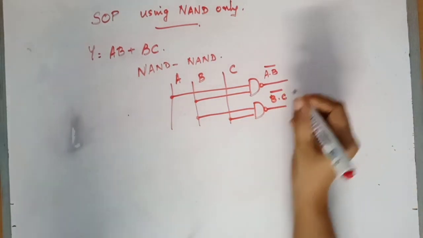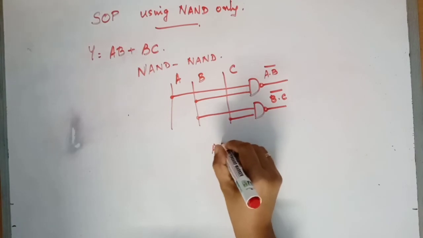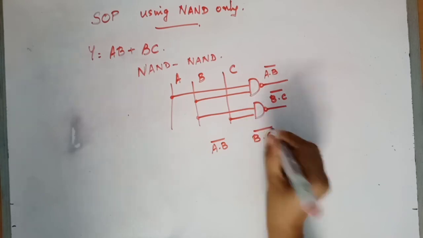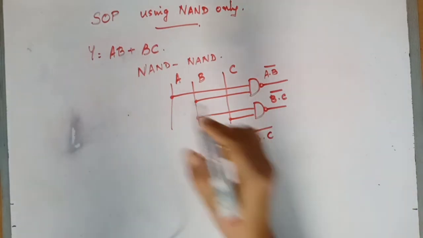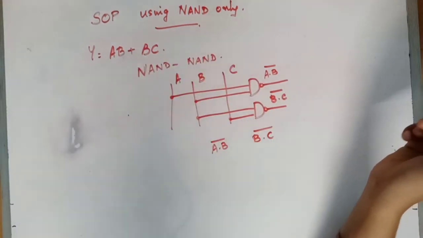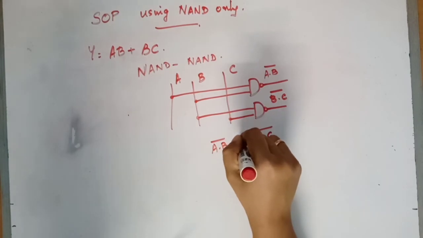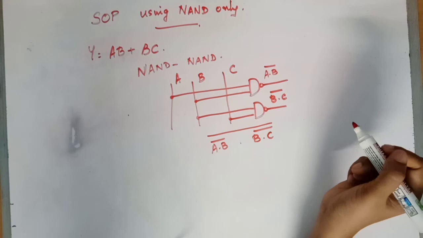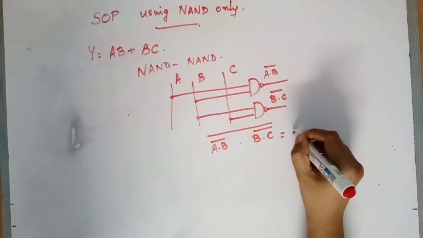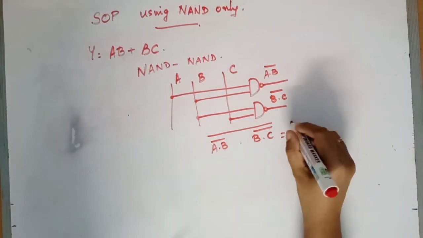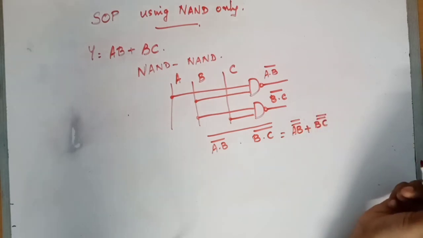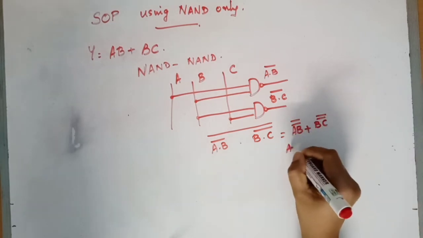Now what you have is A dot B the whole bar and B dot C the whole bar. What I want is AB plus BC. Suppose I take the product of these two and again complement it. So this becomes AB double bar plus BC double bar according to De Morgan's law, and AB double bar is AB.